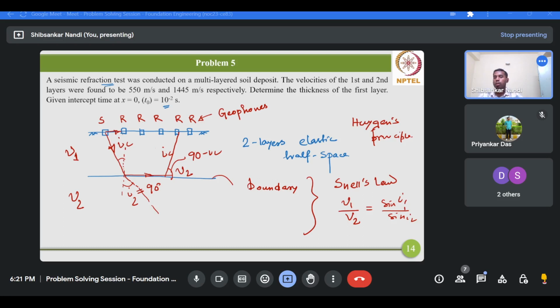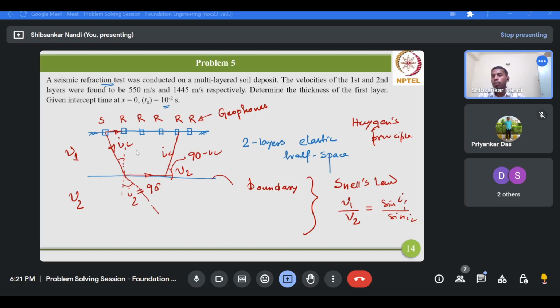Okay, so whatever wave arrives fast, this receiver will record the time of that wave. There is no ambiguity about whether the direct wave or the critically refracted wave is arriving fast.